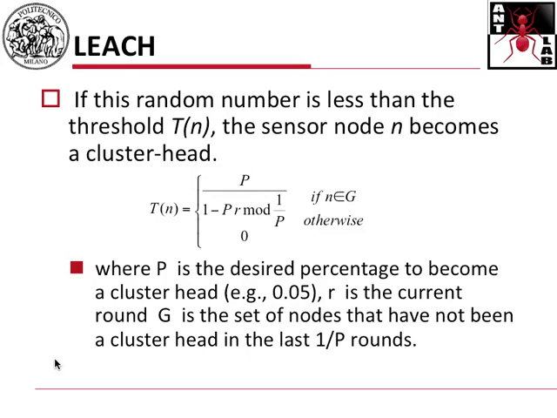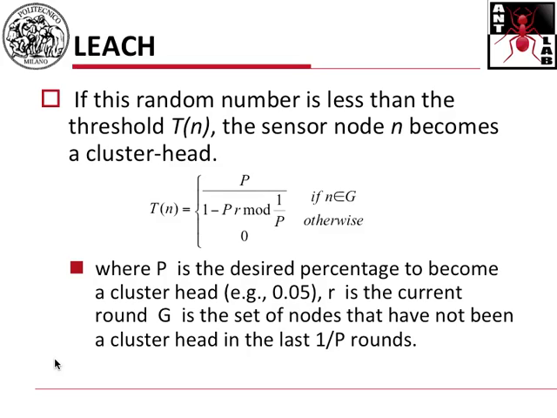Clear? Let's do some checking. Suppose R is equal to 0, so we are at the first round of clustering. And let's say you choose P equal to 0.5, so 50%.